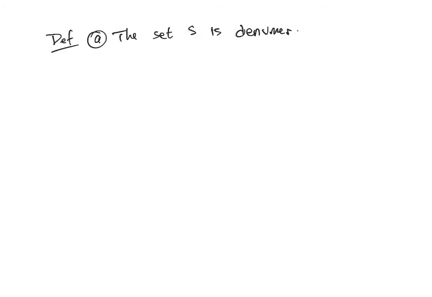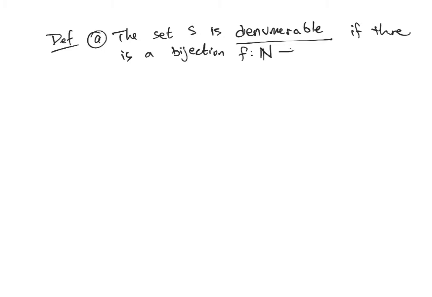I'll just warn you. So the set S is denumerable if there is a bijection f from the natural numbers onto S. Okay, we're going to define this to be denumerable.